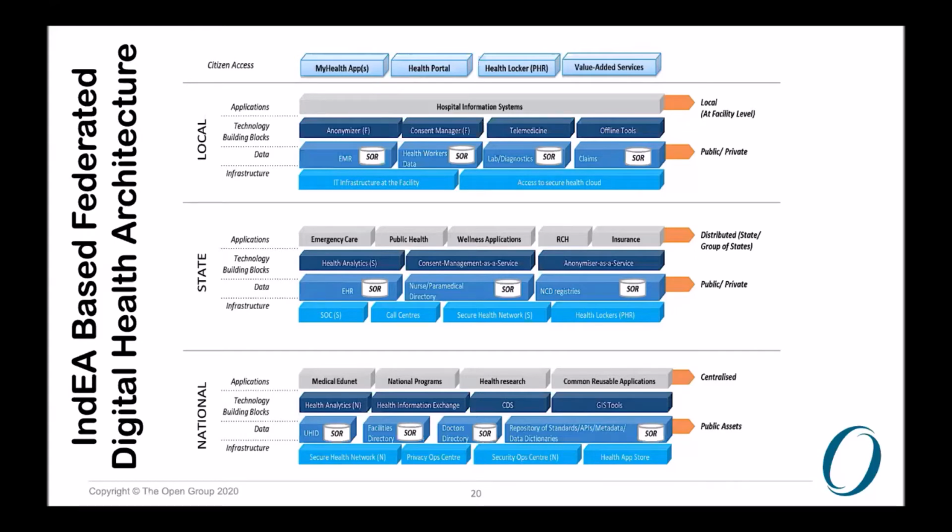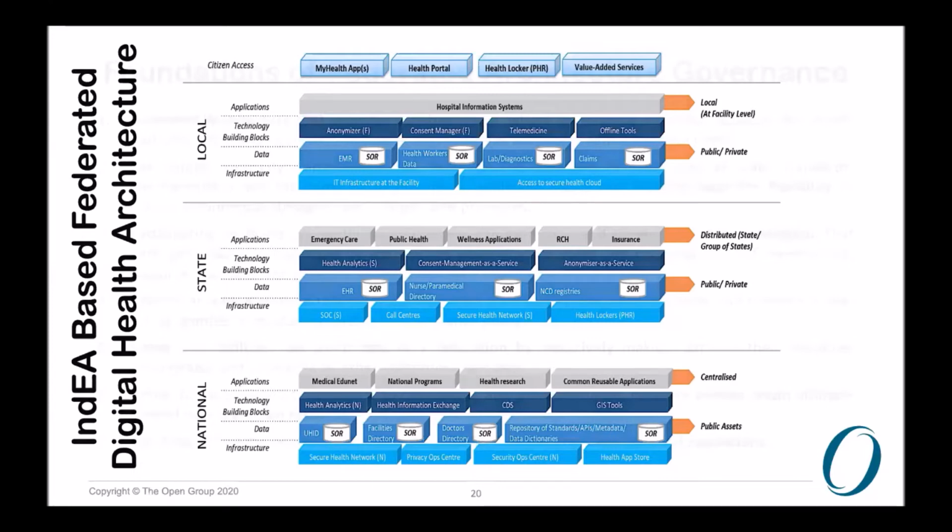For instance, if we want to deal with a public health emergency like we are facing now, we do need some information at the national level, so that policy interventions can be taken at the national level. This is how we have ensured federation in the architecture within the digital health blueprint that we have defined, which is derived from the IndEA enterprise architecture framework, which I introduced to you a few slides back.